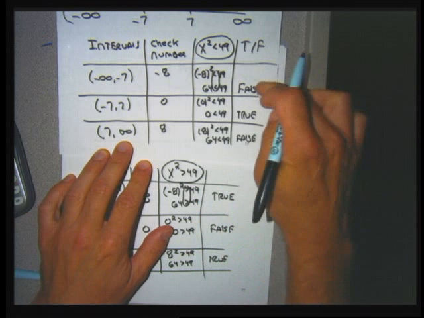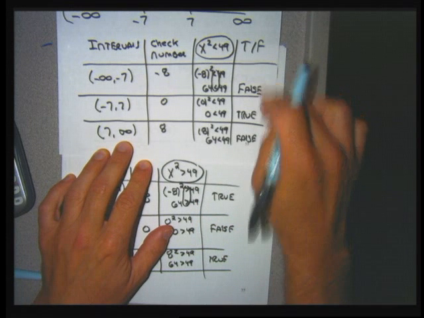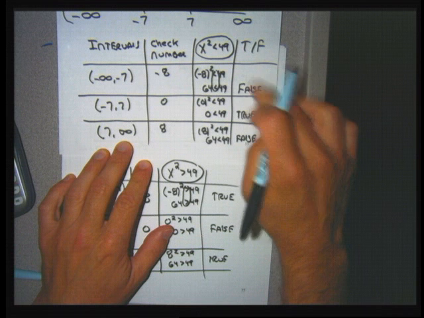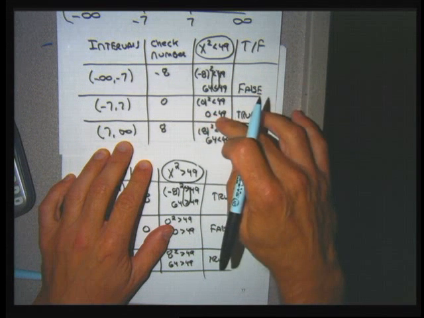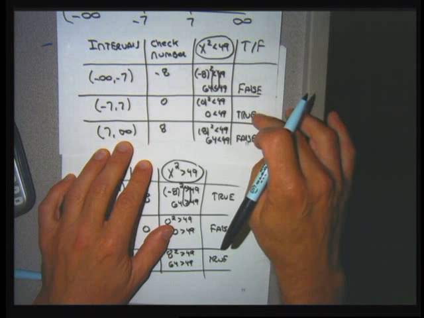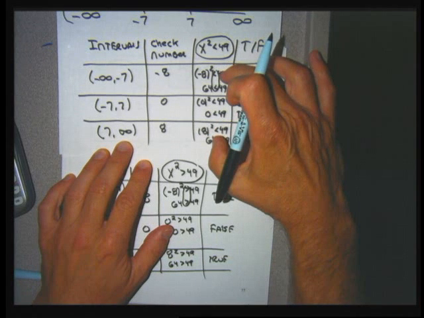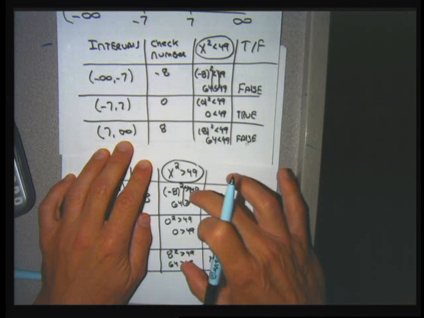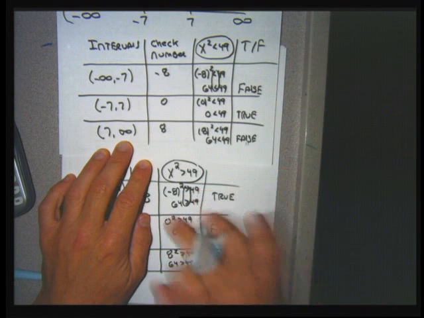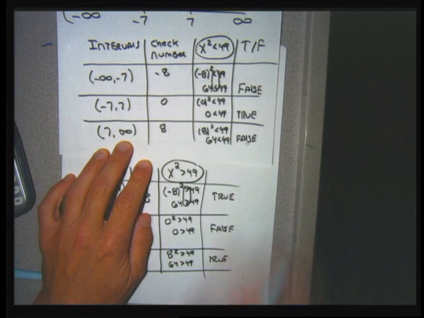So what was false before becomes true now. What was true before becomes false now. Because in problem 6, I needed a number less than 49 to be true, and that was the middle one. And the top ones weren't less than 49, so they were greater than 49. And in problem 50, I need a number greater than 49 for it to be true.